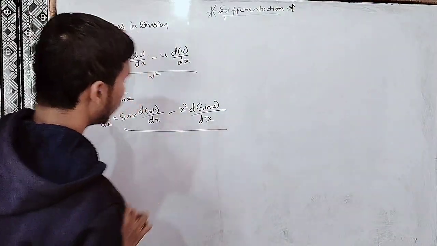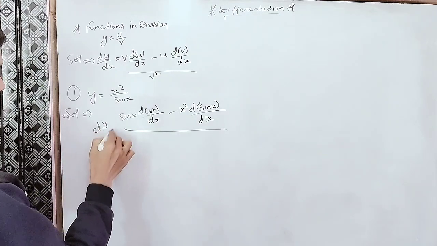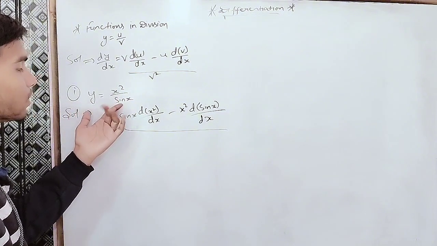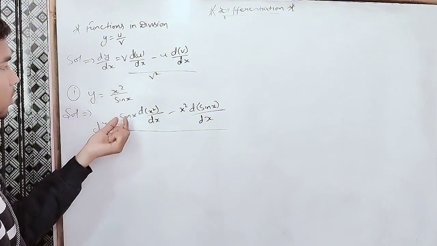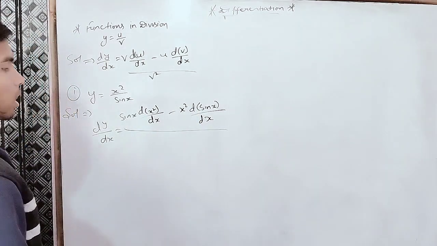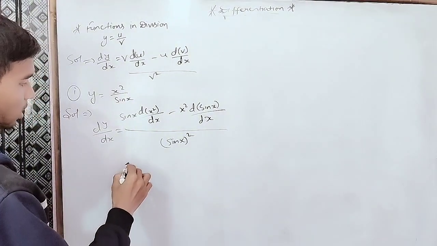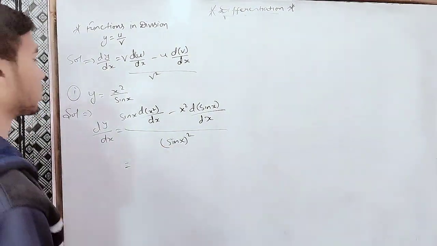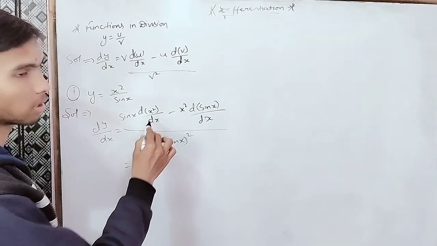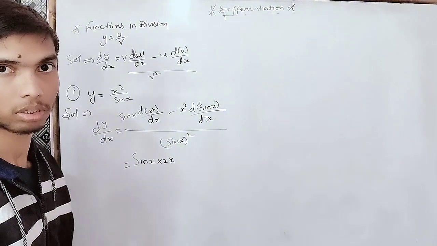But hold on. Here we would write the downward function, but in square, sine x square. Okay, it is not in the form of differentiation, sine x. Then we have the differentiation of x square, which would be written as 2x.